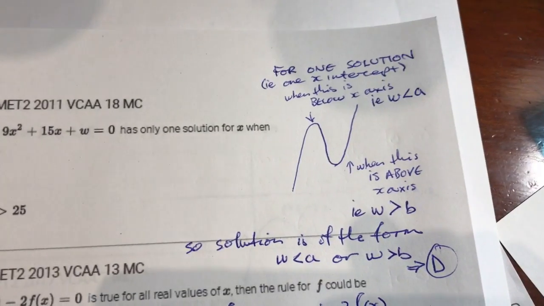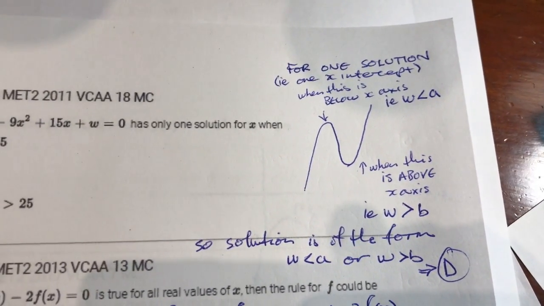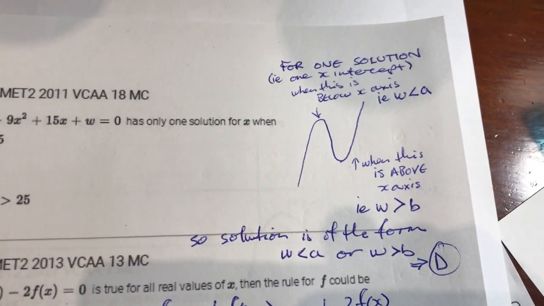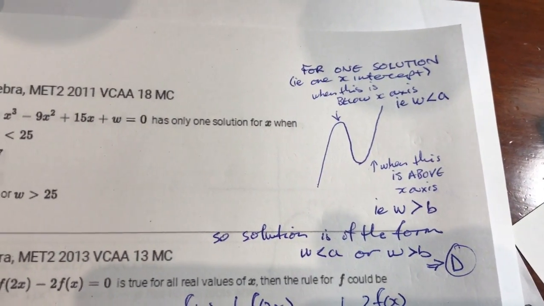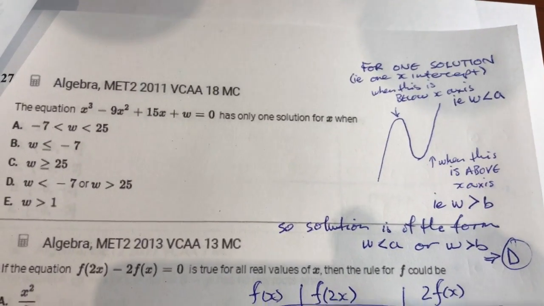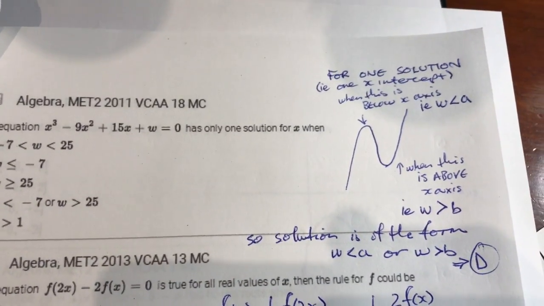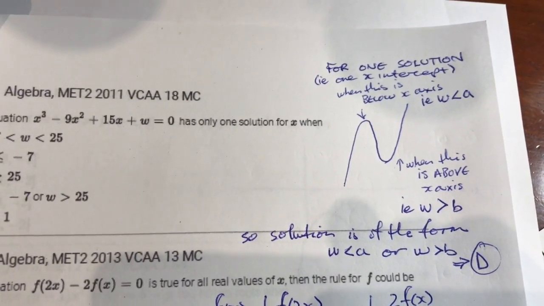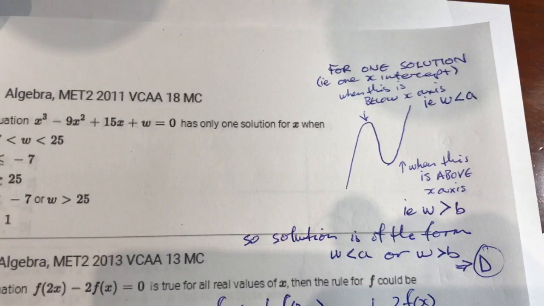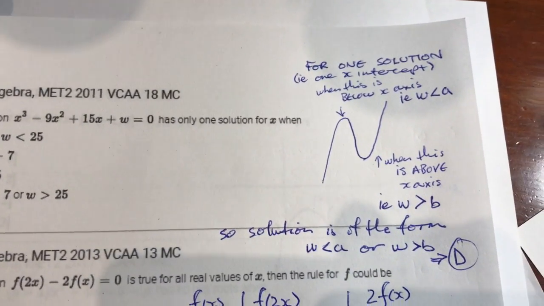Question 27, easier than you might think. So we've got a cubic graph, this S-bend shape. The only way you're going to get one solution, in other words, for that equation equals 0, we're talking about an x-intercept. The only way you get one x-intercept is if that S part of it is either shifted above the x-axis or below the x-axis.